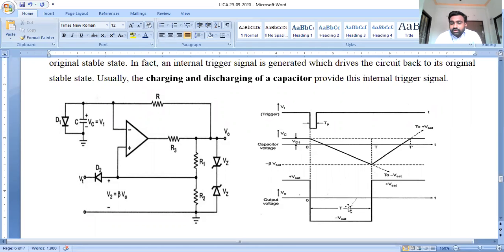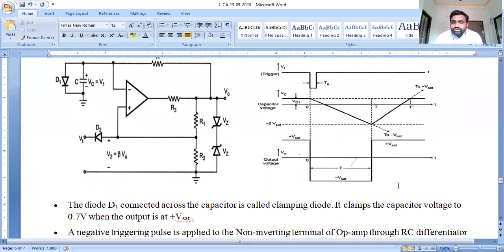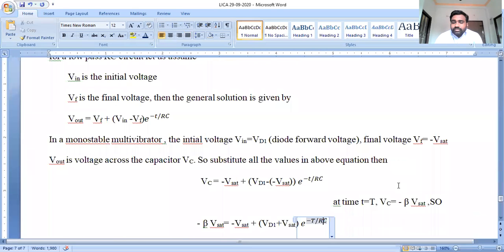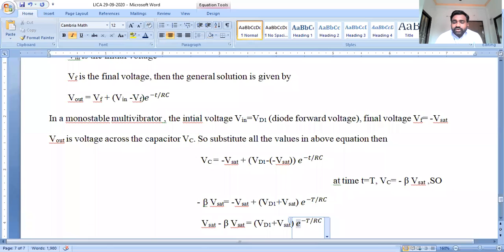Previously, at the V saturation condition, it is in the stable condition. After the application of the triggering pulse, it reaches the quasi-stable state, and after that it comes back into the stable condition. So that is the analysis of the monostable multivibrator with respect to the calculation of the time period.